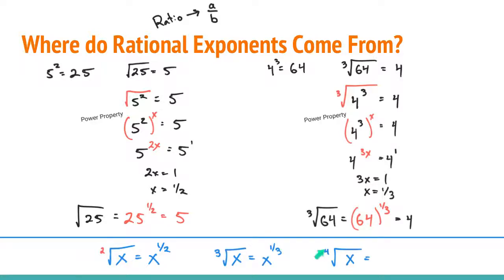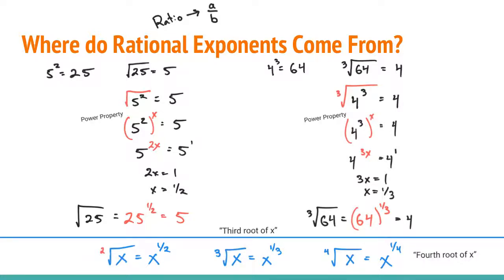And finally, you have the 4th root of something, and that would be written as x to the 1/4. So you have the square root as a power of 1/2, the cube root as a power of 1/3, and a 4th root as a power of 1/4. That's how we would introduce where these rational exponents come from.